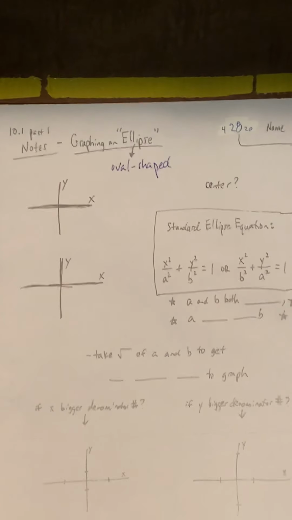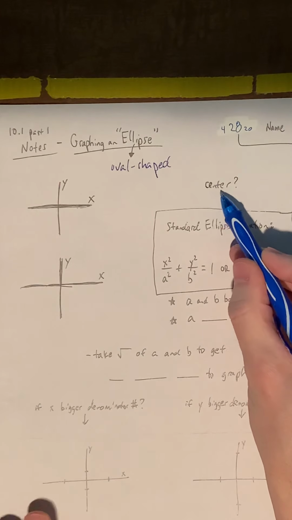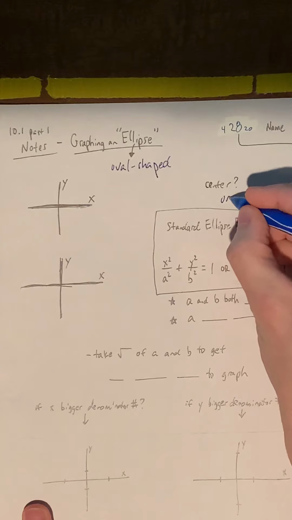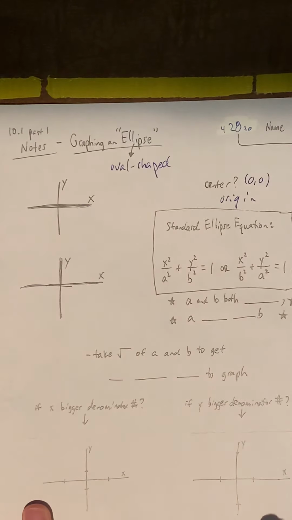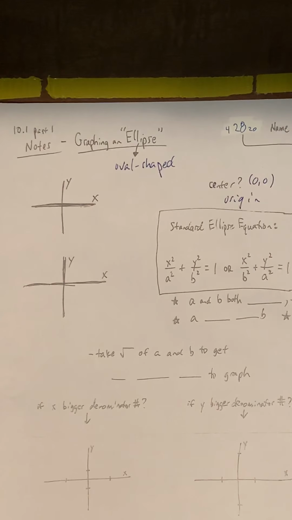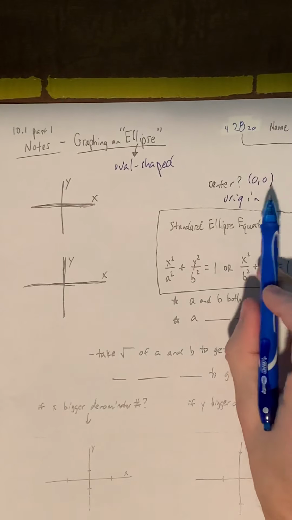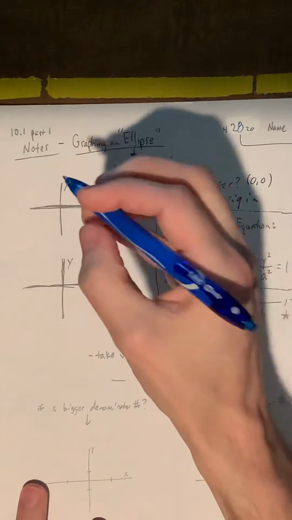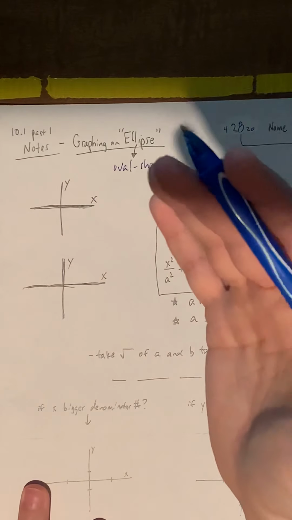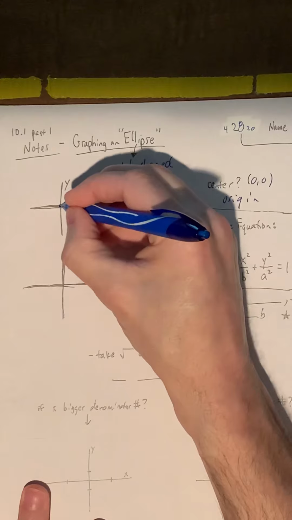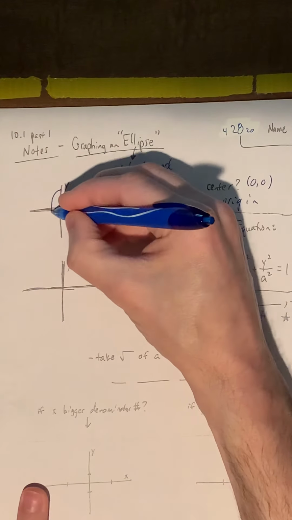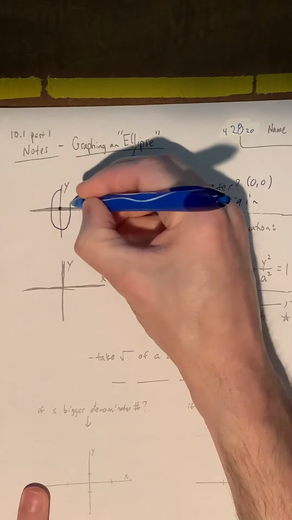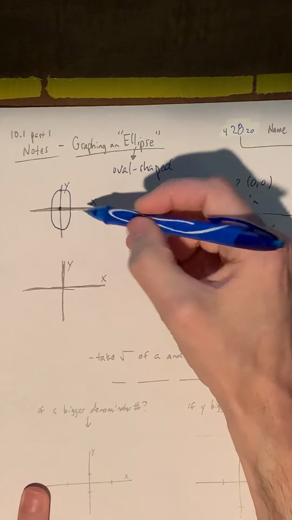Now, the ellipses we do here in part 1, all of them are going to have a center at the origin, (0, 0). So we'll start off simple, and we'll add some stuff as we go. And they'll all be centered at the origin. So just for example, like the general image or shape you're going to get, center at the origin, you might get an oval that looks like this on the graph somewhere.